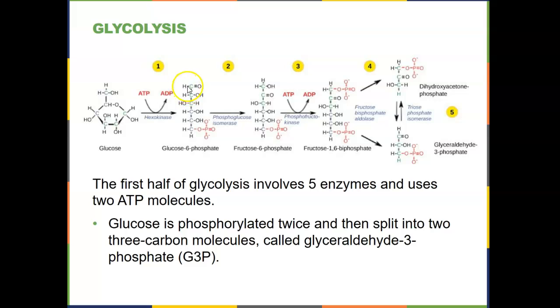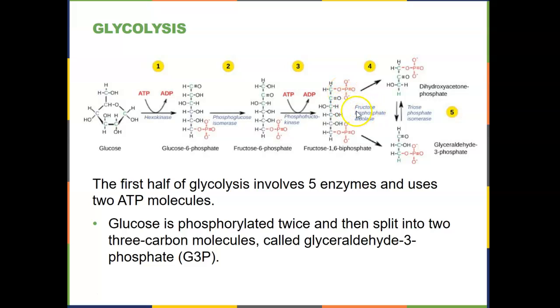So we take sugar, we crack it open, we modify it, we use some ATP to power this process. So notice ATP right here and ATP again right here. That's where these phosphates are coming from. These phosphates, this is from the first ATP. This one over here is from the second ATP.